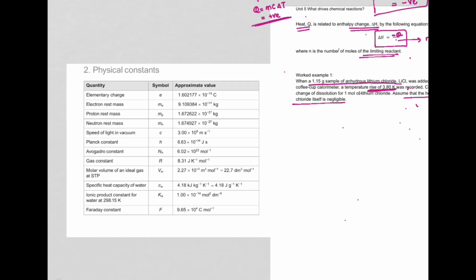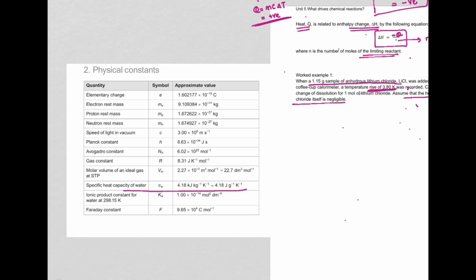Dissolution is just dissolving. And you are assuming that heat capacity of lithium chloride itself is negligible. So the only thing that is involved other than lithium chloride is water. So because you're mixing it with water, you will look at the specific heat capacity of water, which is given in the data booklet. So from the data booklet, you can see specific heat capacity of water is this.